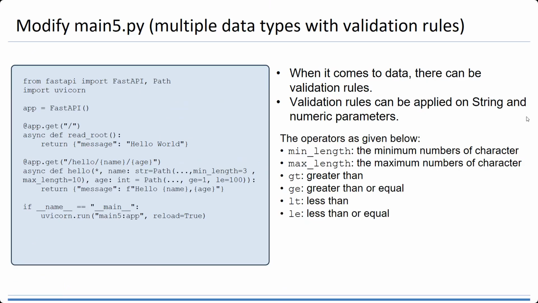So there are some validation rules available in this section. First is the minimum length. The minimum length means how many characters that you need to input. The maximum length is the maximum number of characters. GT is greater than, GE is greater than or equal, LT is less than, and LE is less than or equal.